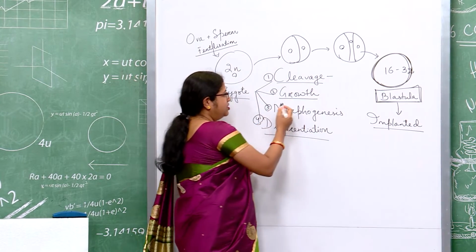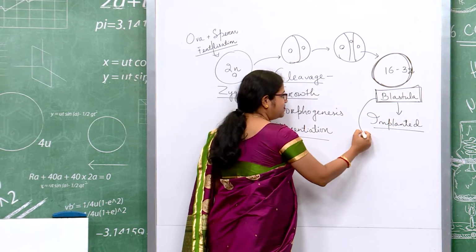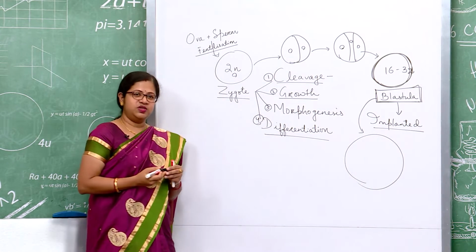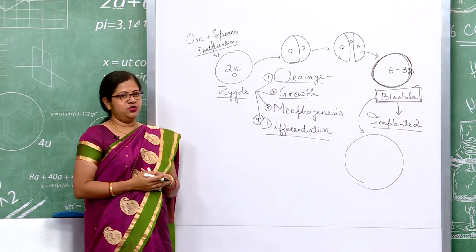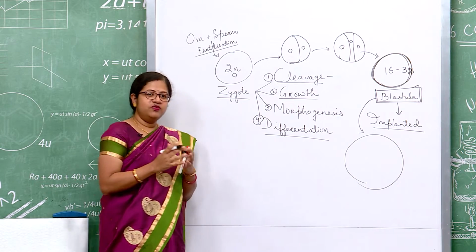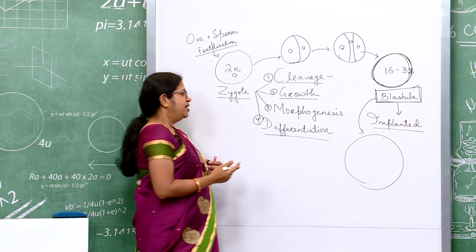What will happen in growth? In growth, the size will increase. It is no more constrained now, the size will start to increase. Whatever daughter cells were formed, they all will grow in size.